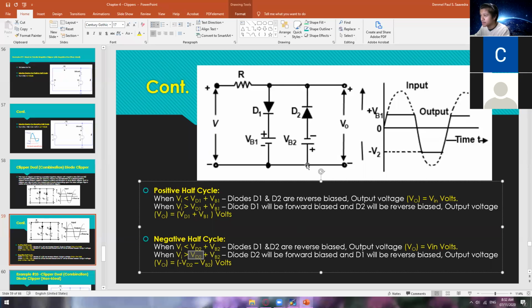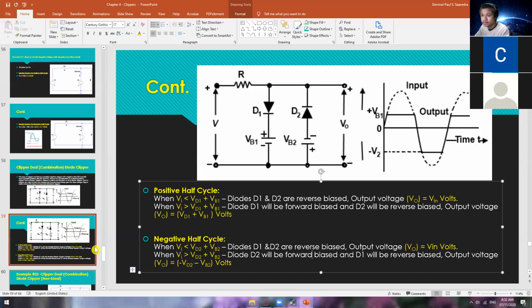If you have that kind of scenario, again, all you need to consider is the voltage drop of your diode and then the bias voltage itself. So we have here a negative 0.7, since this one is silicon, and then negative 2, let's say this one is at 2 volts. So negative 2.7 volts, or minus VD2 minus VB2.